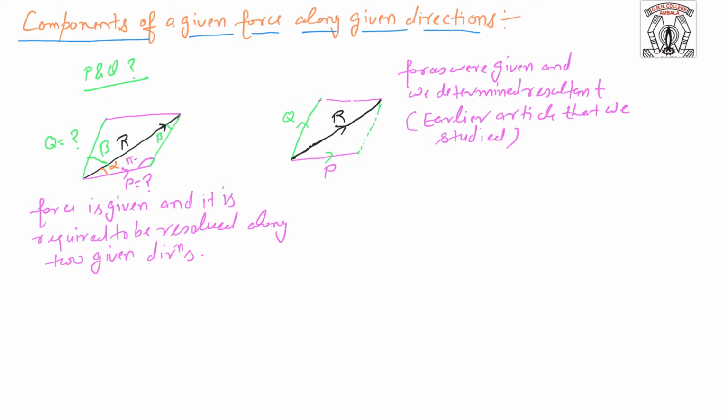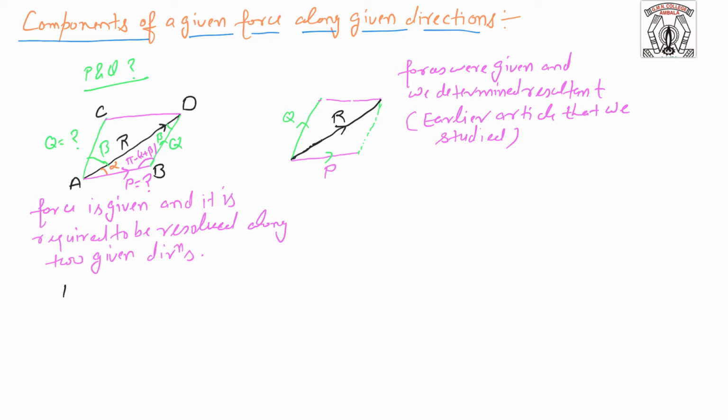So this is P, which is required to be determined, and this is Q. You could also name the points A, B, C, D.